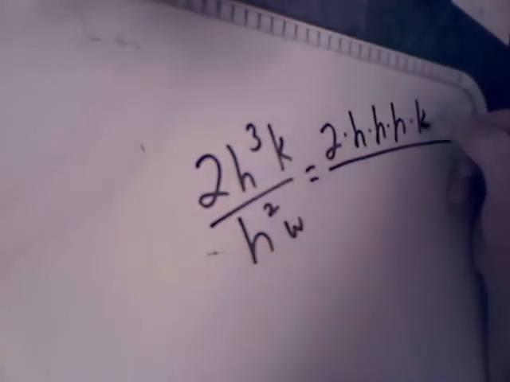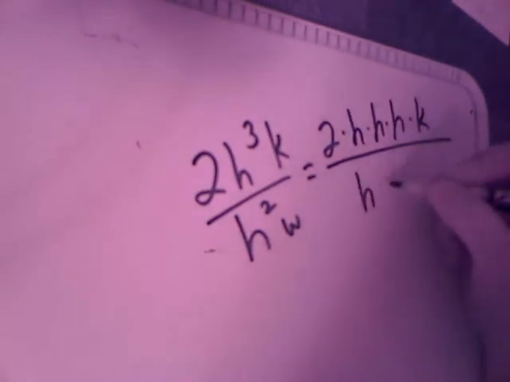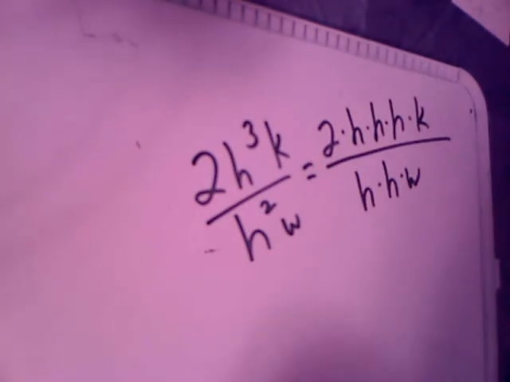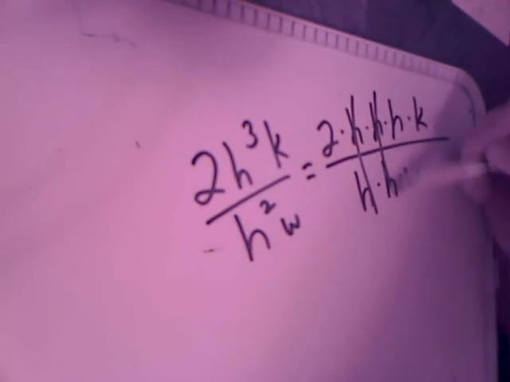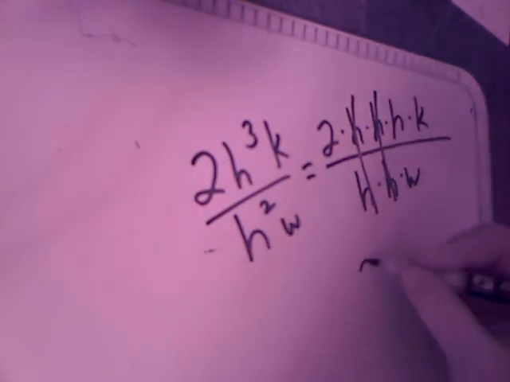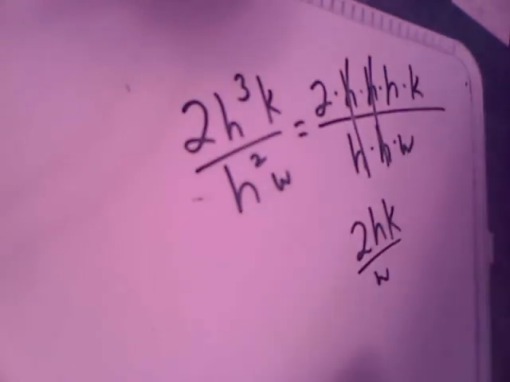Then we still have that k in there. Down here we have h to the second power, which means h times h, and that w, which means we put the w in there. Now we're going to cancel out. There's an h on the top and the bottom, so these get canceled out. I'm left with 2hk over w, and that's as far as I can go.